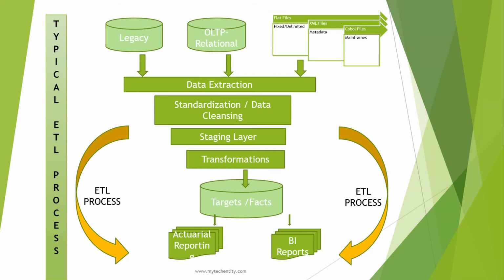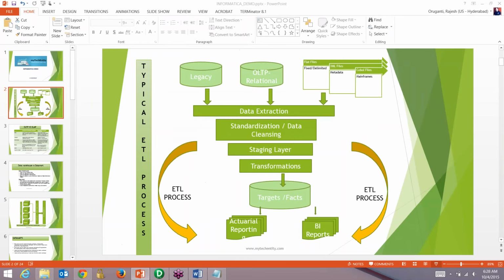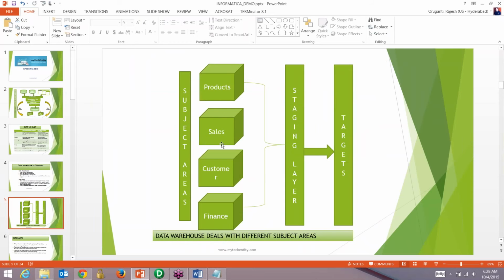You might have heard of data warehouse and data marts, right? Data warehouse is like a combination of all the subject areas within an industry. For example, in a data warehouse for the retail industry, products, sales, customer, finance, all these are data marts. Data marts are the different subject areas. These subject areas will be loaded into the data warehouse completely.